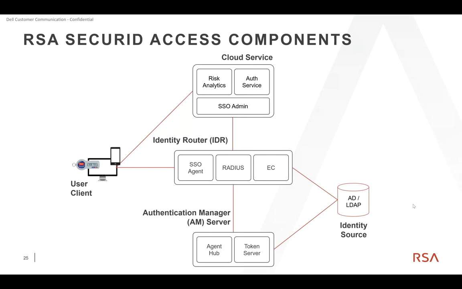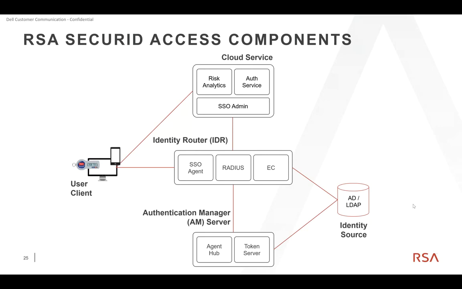It is usually deployed in the DMZ, facing the internet with the external interface, hosting the SSO agent, built in with the portal. We use it to integrate with the different applications of the customer and make it a centralized point of access. And the internal interface is to communicate with the internal repository or the identity source for authentication and synchronization.